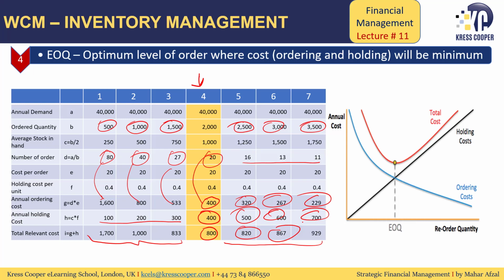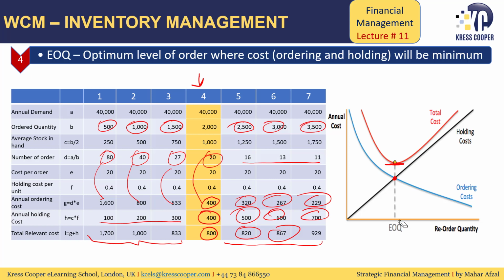This can be plotted in this diagram. We can say this is my total holding cost, this is total ordering cost, this is the reorder quantity, this is the annual cost. We can observe from here where the holding cost is equal to my ordering cost. At this stage, total cost is at its minimal level.